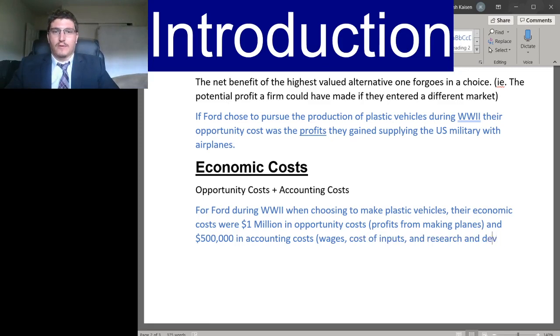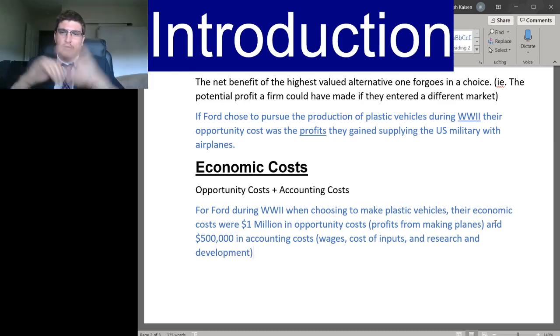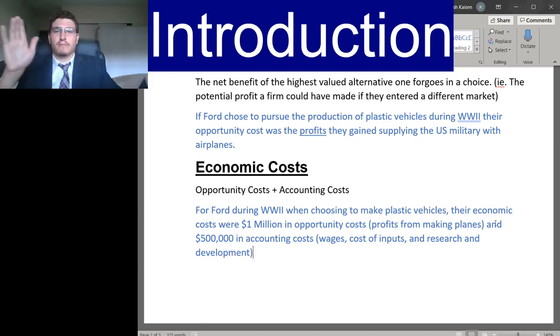And that comes in the form of research and development, wages, cost of inputs, factory rent, all these factors in production. Wages would be an input, technically, but I like to make a distinction early on. They act somewhat differently than other inputs, which would be machinery used for production.